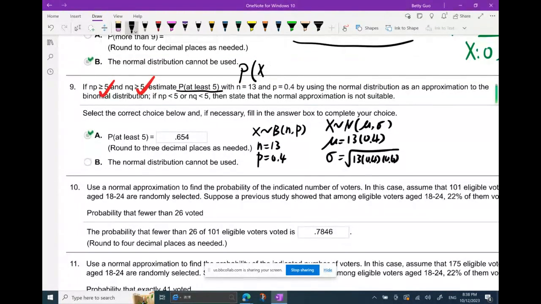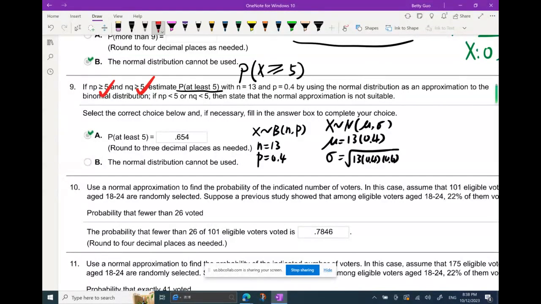You do have to know some algebra regarding those inequality notations. P at least is bigger than or equal to.